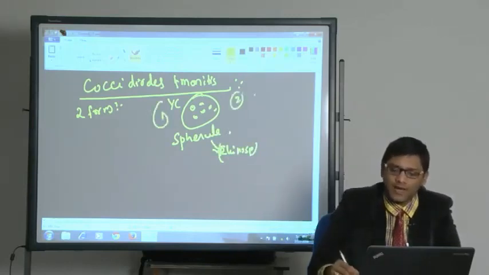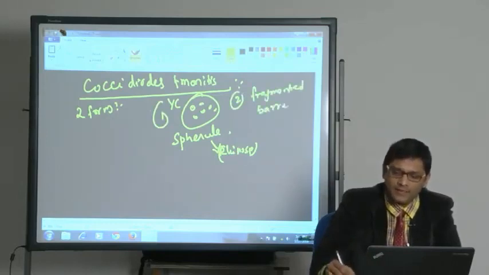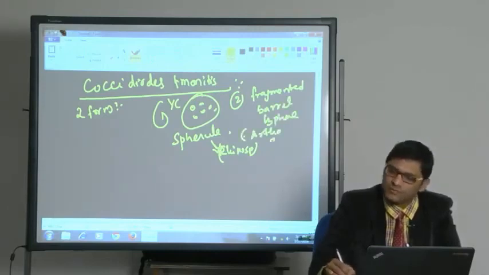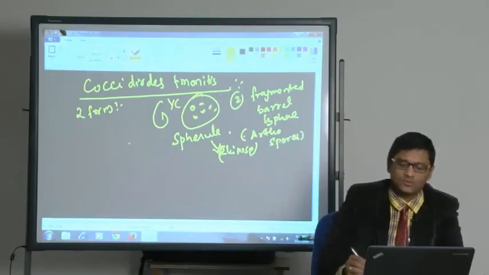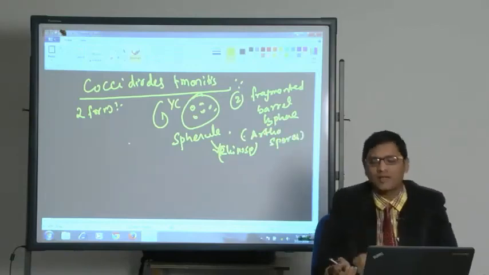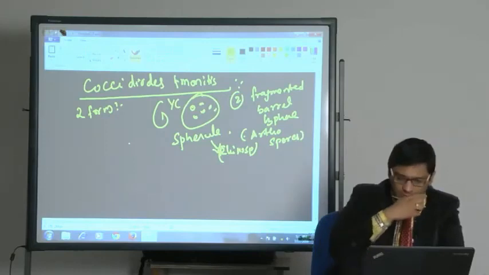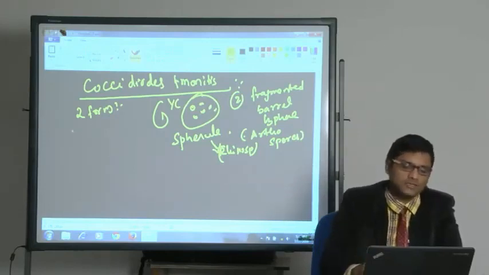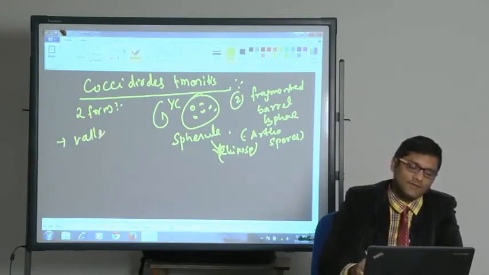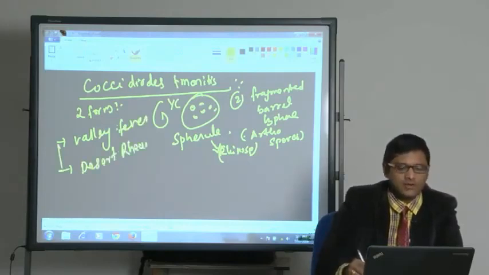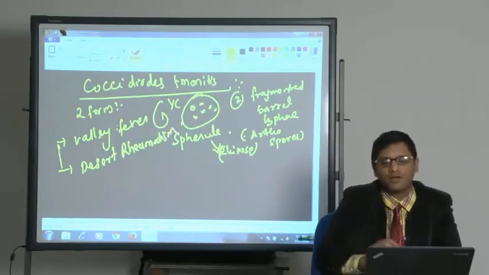The other form is fragmented hypha, barrel-shaped hypha described as arthrospores. 2 forms. And Coccidioides immitis disease is called valley fever or desert rheumatism. These are the other names of Coccidioides immitis.